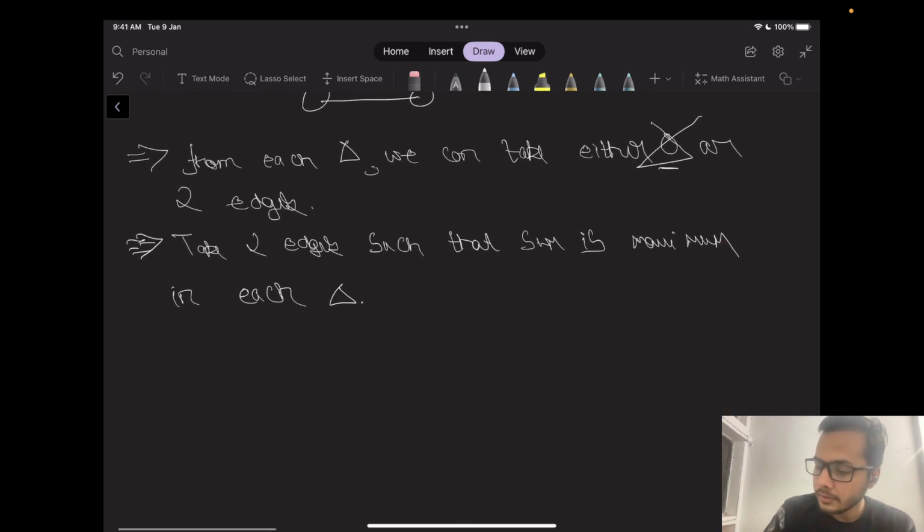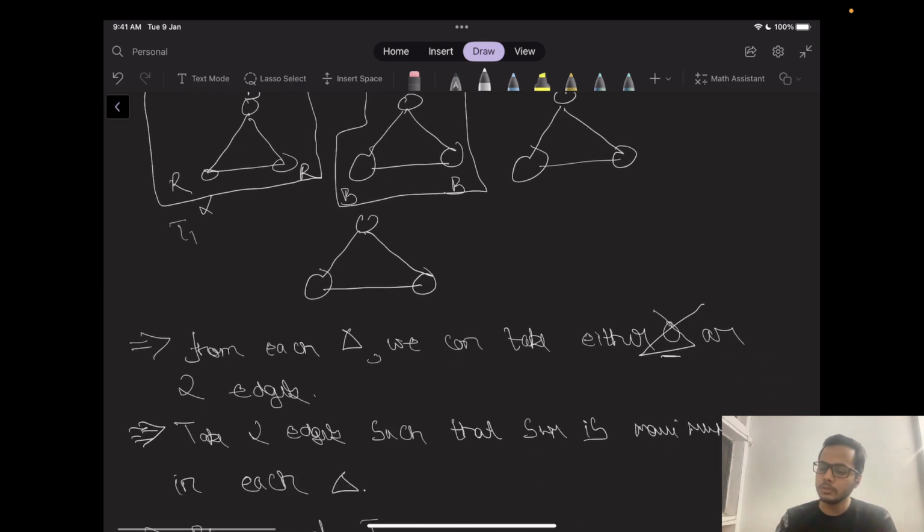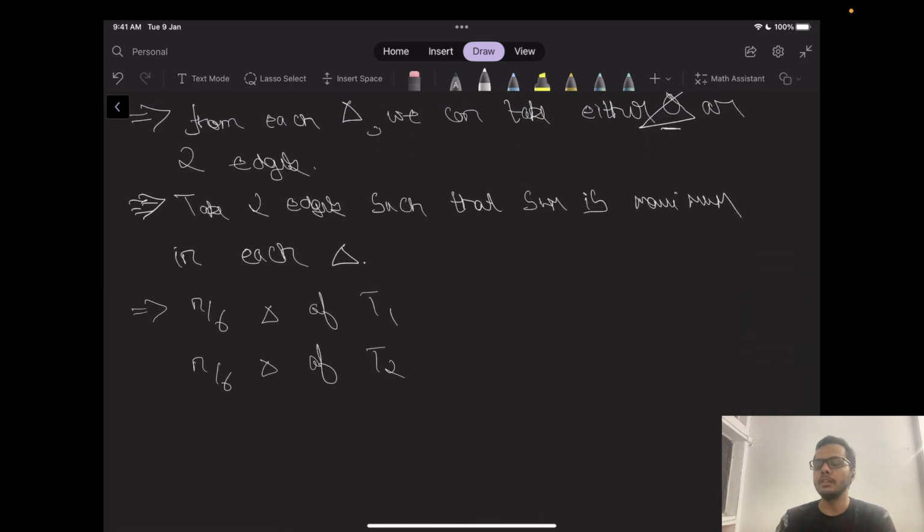So all we can have is n by 6 triangles of type 1 and n by 6 triangles of type 2. And we can clearly see that the sum of their differences in the number of red and blue nodes in a triangle of type T1 and a triangle of type T2 is exactly equal to 0. So there are exactly three blue nodes in T1 plus T2, and there are exactly three red nodes in T1 plus T2. So if the number of triangles of type T1 is equal to the number of triangles of type T2, then obviously there will be n by 2 red nodes and n by 2 blue nodes.